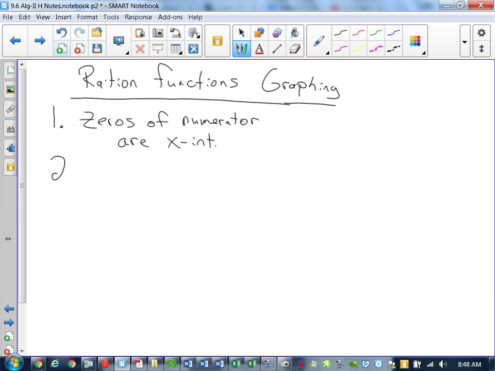What are the zeros of your denominator? Zeros of the denominator are your vertical asymptotes. And then remember, you had 3 different characteristics as far as where a horizontal asymptote might occur.